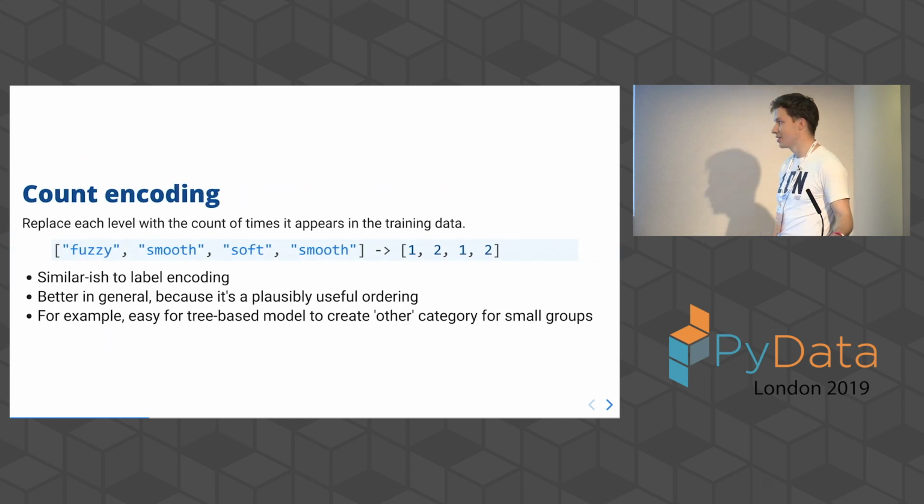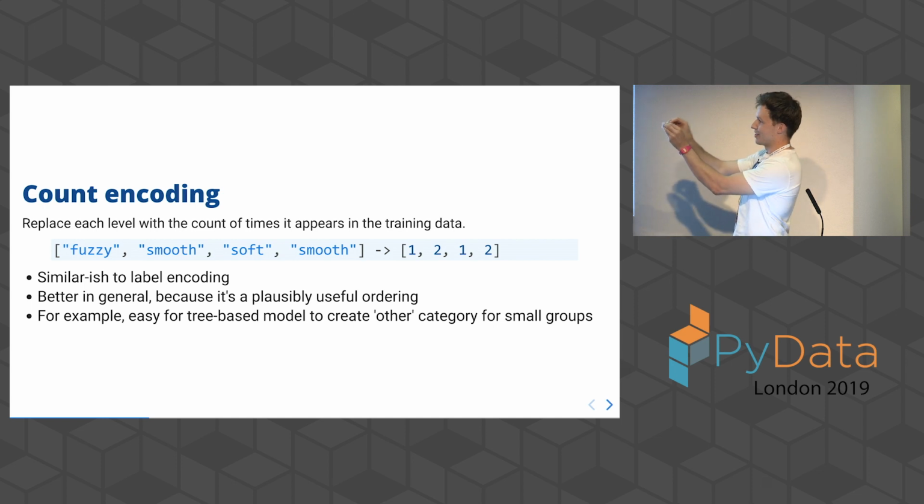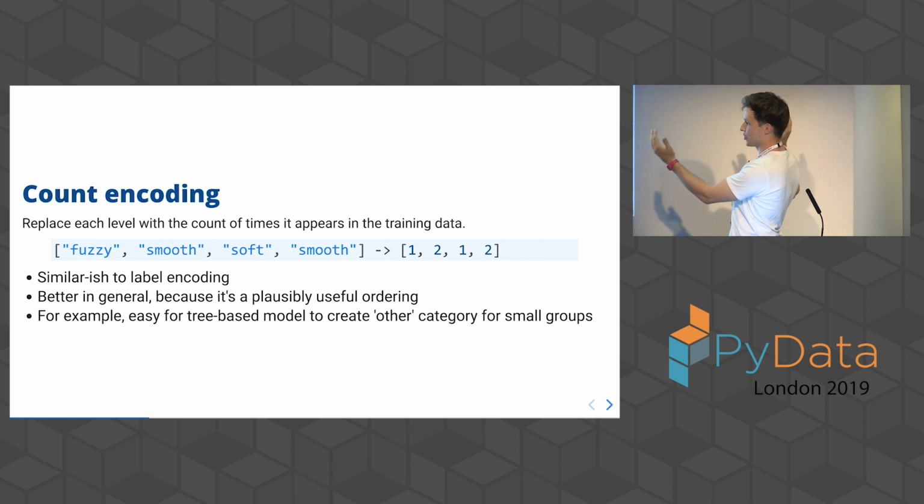Count encoding. I think in my mind, this is a slightly more reasonable version of label encoding. You still get a nice one-to-one mapping. The output is the same size as the input, so you don't have the explosion you'll get with one-hot.